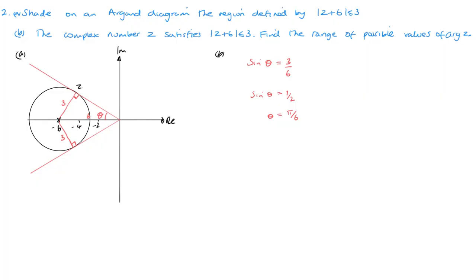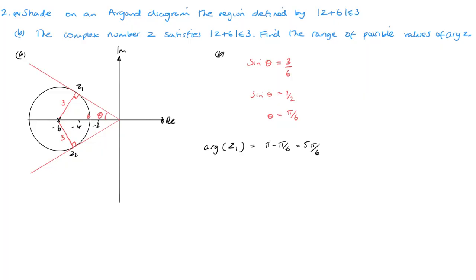Now, where it hits up here, I'll call Z1, and where it hits down here, I'll call Z2. So at Z1 now, this is obviously 0 round to pi. So pi minus pi by 6 is going to be 5 pi by 6. So arg of Z1 is 5 pi by 6.